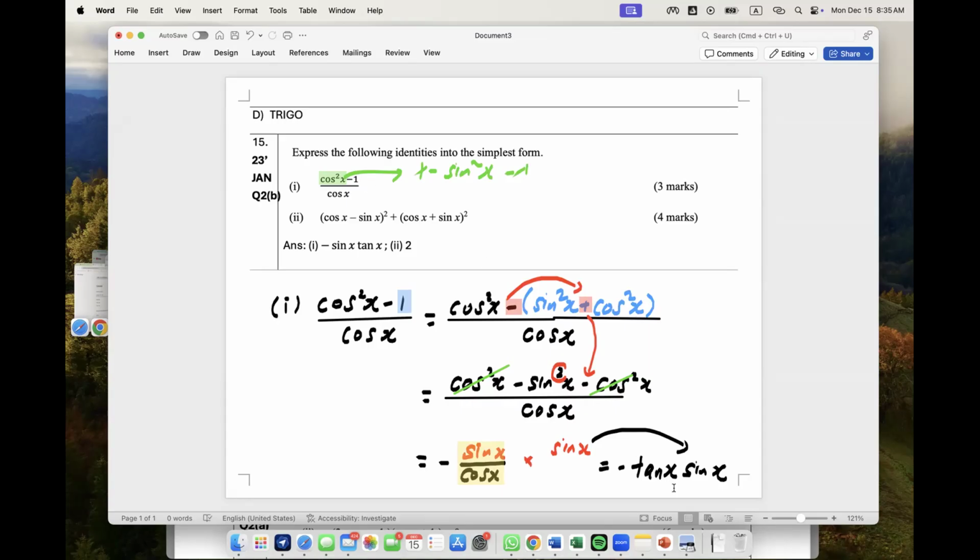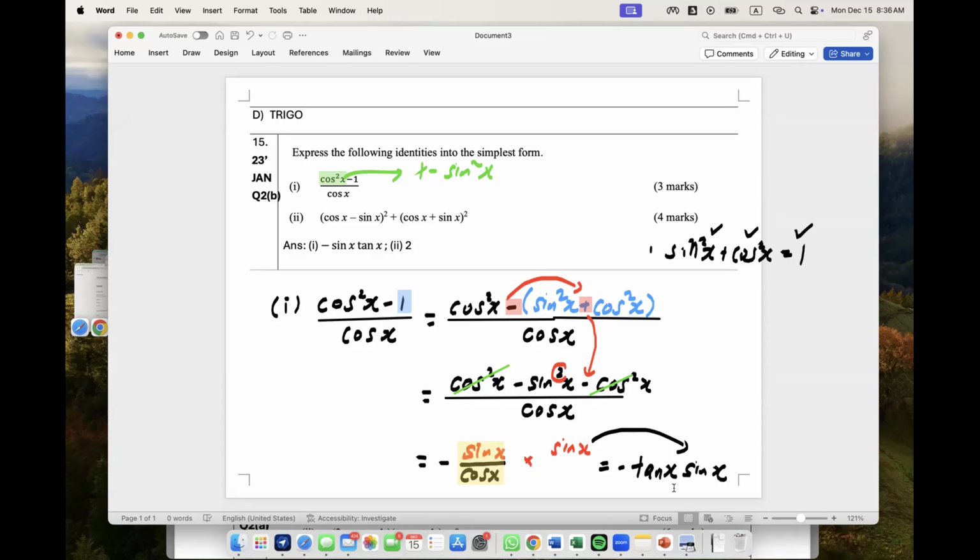Okay? Because your friend said the cos square x can be changed to 1 minus sine square. Yes, correct. Because we learned in this example, I think the lecturer wants to test you on this, sine square x plus cos square x equals to 1. Right, I think that is the one the lecturer would want to test.